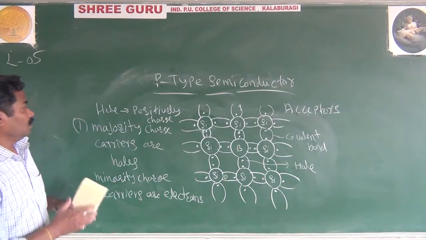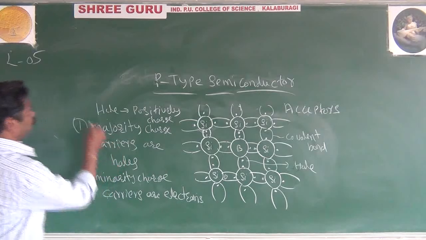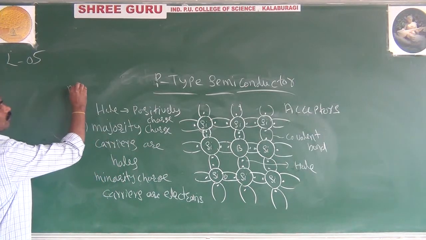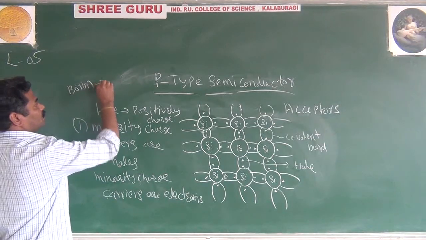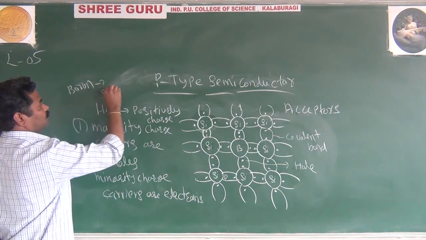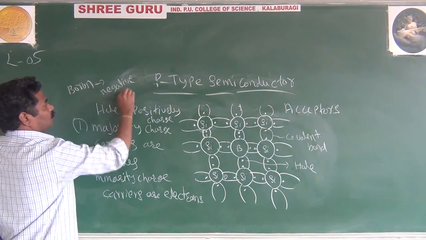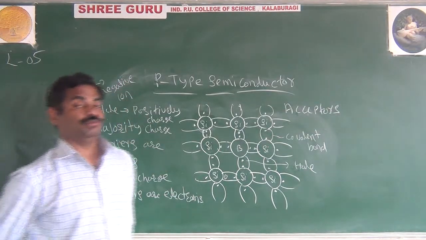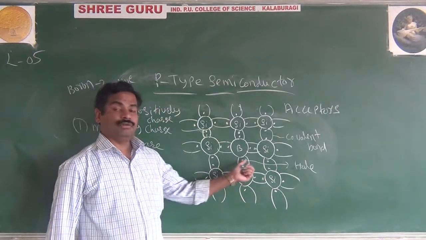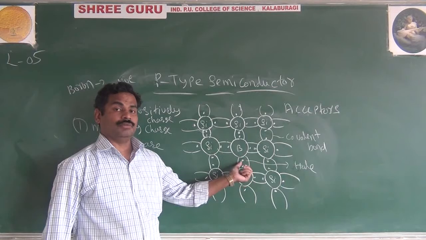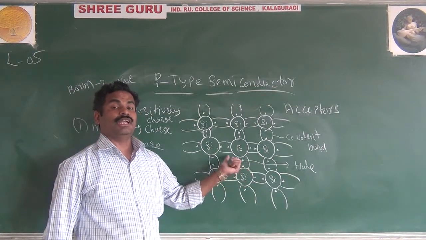You can write here the boron. It is actually a negative ion, or it acts as a negative immovable ion. Why is it a negative immovable ion? Because it is giving holes. If that atom gives holes outside, that atom becomes a negative ion.